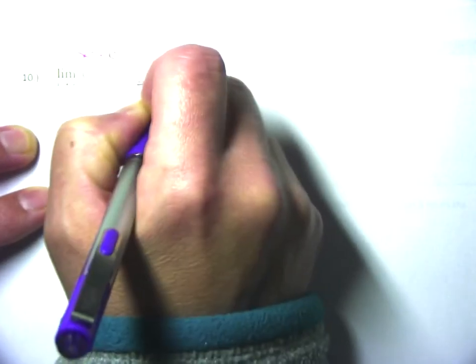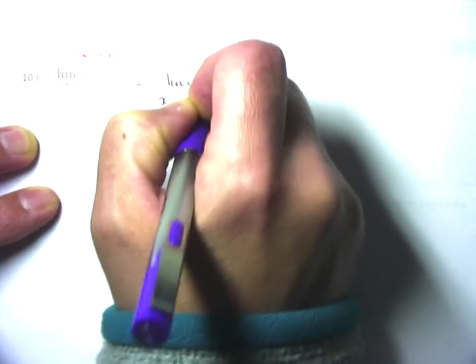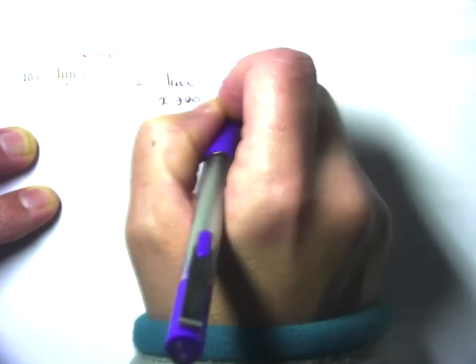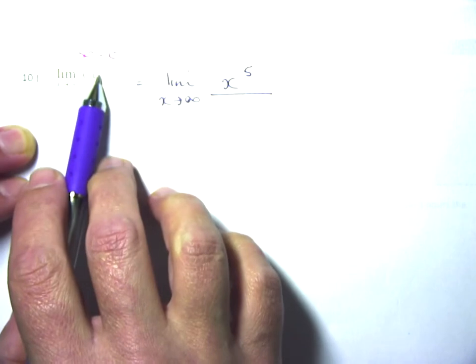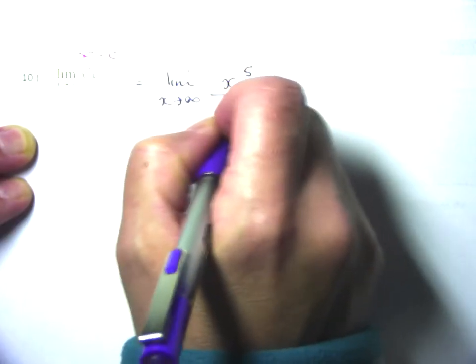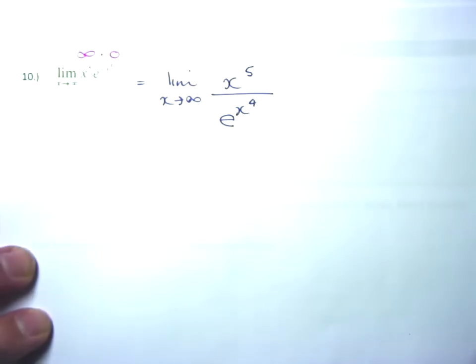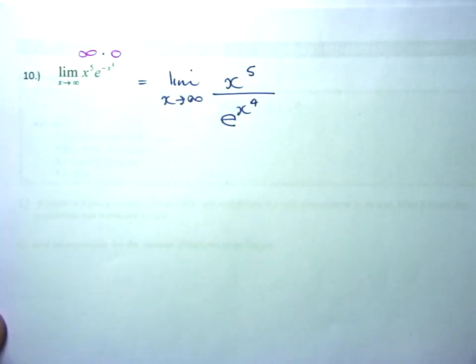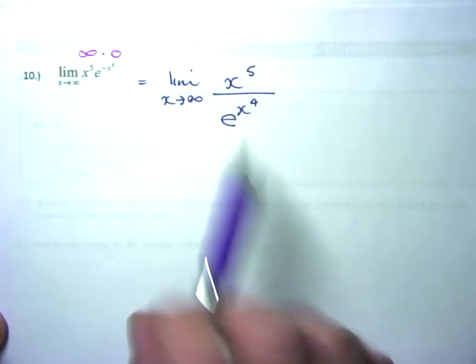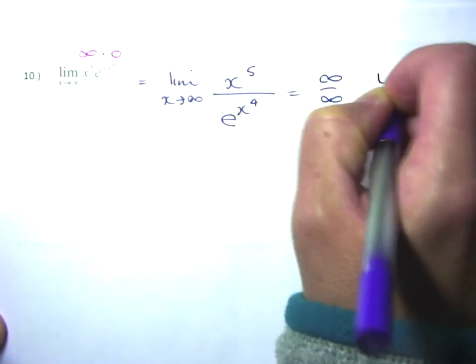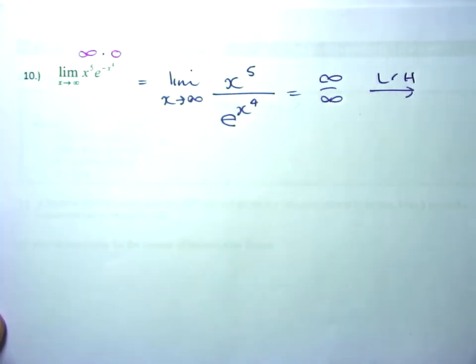I'm going to write this as the limit as x approaches infinity of x to the power 5 in the numerator, and I'm going to move this term to the denominator, e raised to the power x to the 4th. All right, so if I now plug in infinity, you guys see that we get infinity over infinity, which means this is a very nice L'Hopital's rule problem.